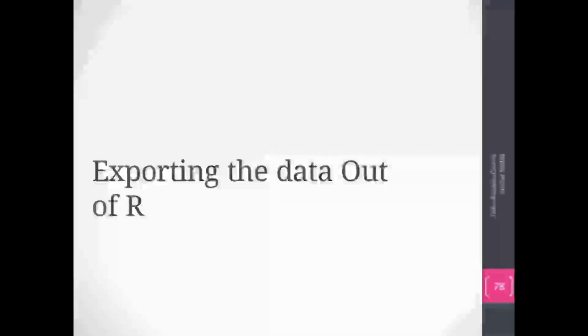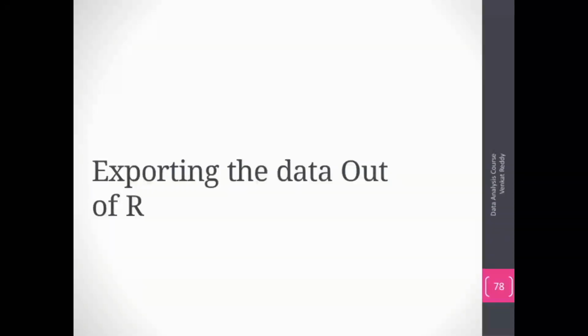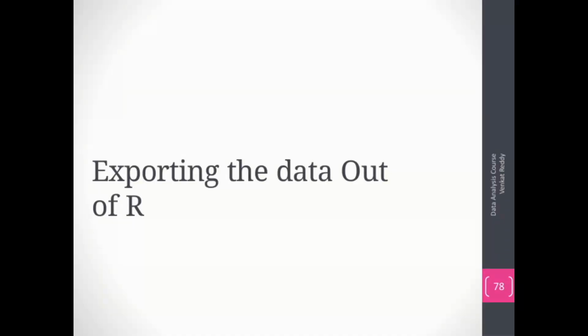Now, let's look at how we can export data from R into different formats. First, to export to a SAS dataset, we use the write.foreign function, specifying the dataset and the file path, like C:/dataset.sas. This allows us to share data with SAS users seamlessly.